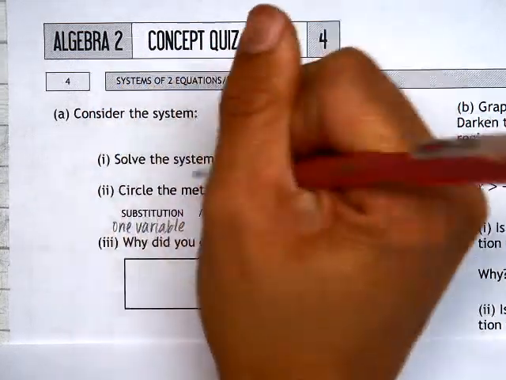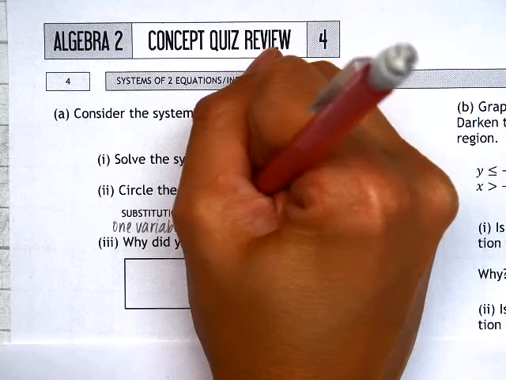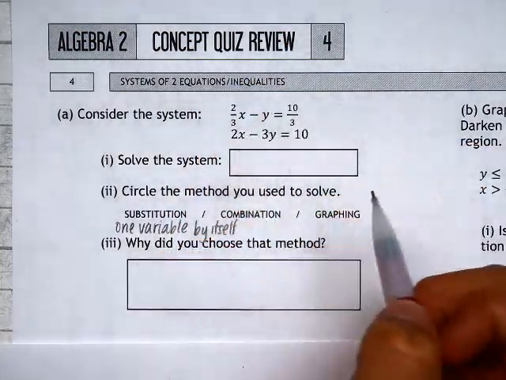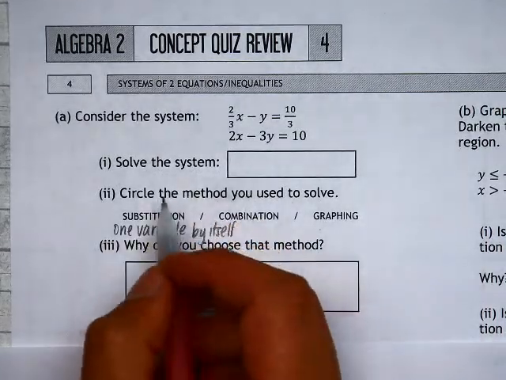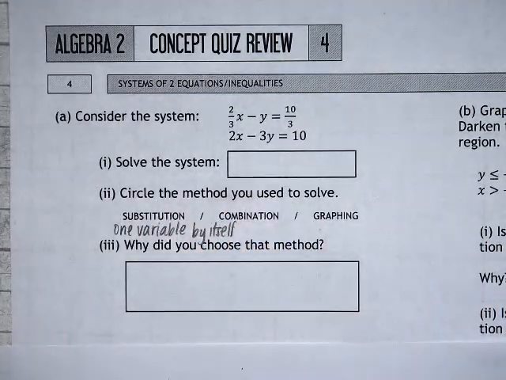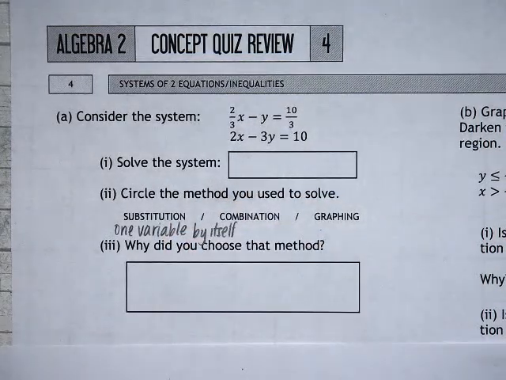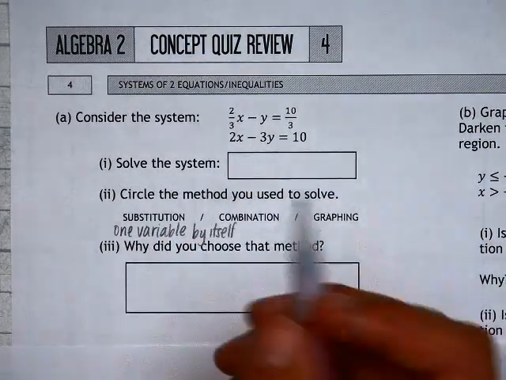If we look at what we've got, we can see that x and y are not by themselves in either equation. So substitution might not be the most efficient method here. We could try to get one variable by itself, but usually there's a more appropriate method somewhere else.